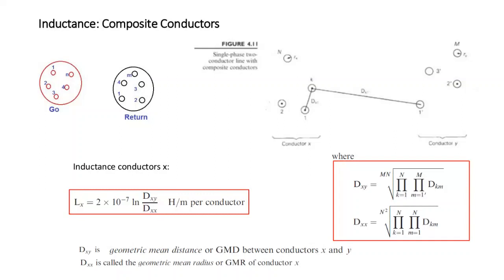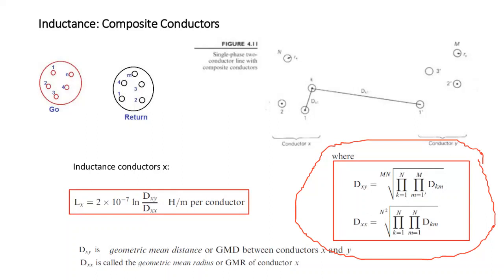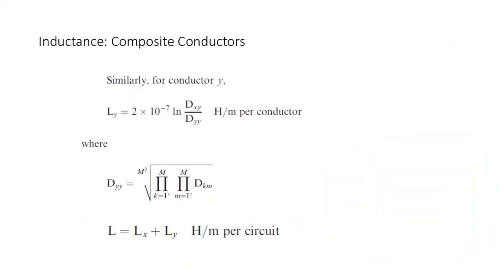You need to know what mn is. So n is the number of conductors. Mn is where we want to find the distance. How many conductors in conductor n? How many conductors in the other conductor? Okay, so this is the formula you will be given. So please understand the concept.